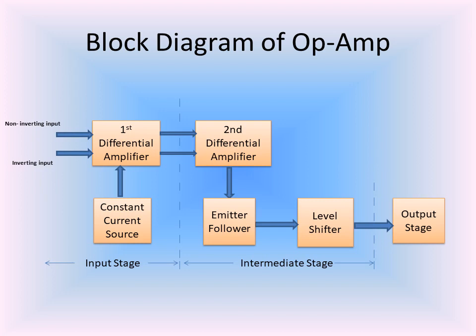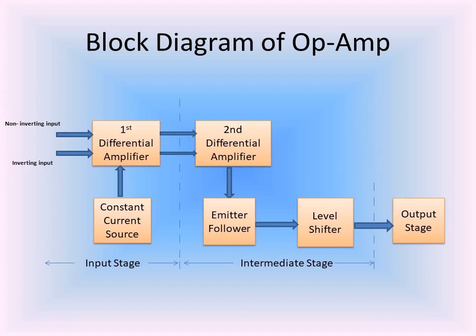They are named inverting input and non-inverting input. The intermediate stage consists of differential amplifiers, not one, there can be many, along with emitter follower and a level shifter. After this stage we get the output stage, which is generally single-ended.